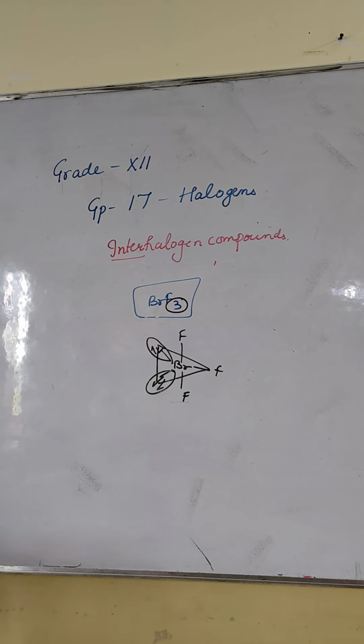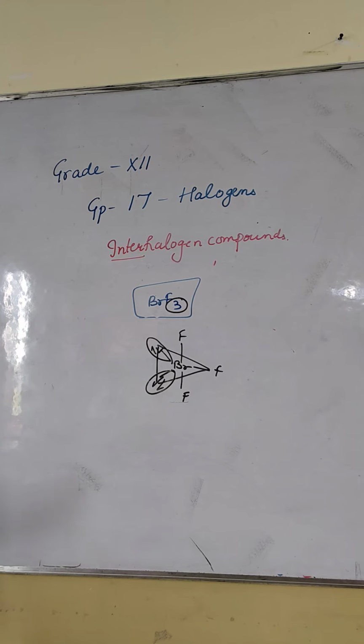Next, oxo acids of chlorine. Instead of chlorine, you can also draw oxo acids of bromine and iodine. We have discussed 4 oxo acids: perchloric acid, hypochlorous acid, chlorous acid and chloric acid.